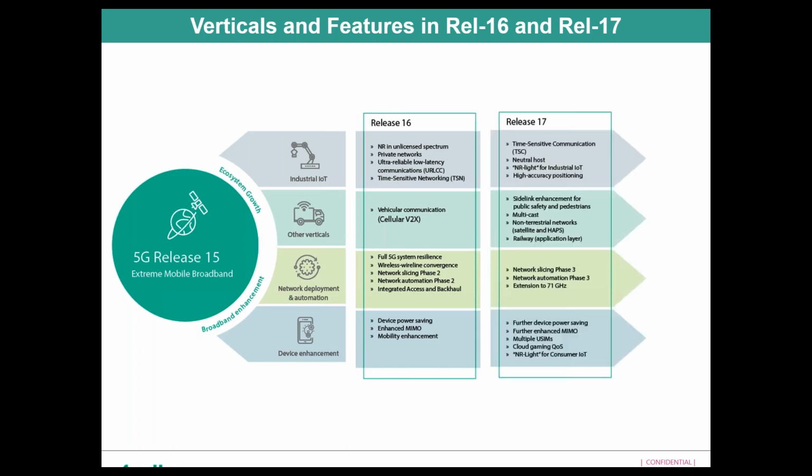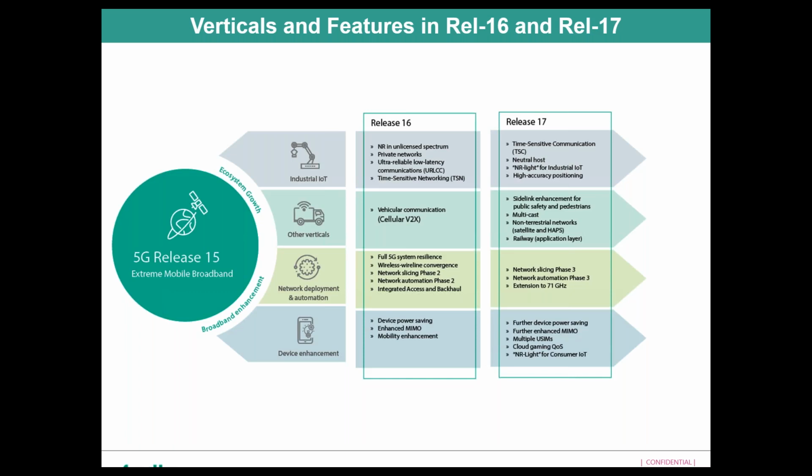Release 17 will go one step further, right? They will further refine these feature sets that can improve the security, the network service management, and the whole integrity of the 5G system, right?